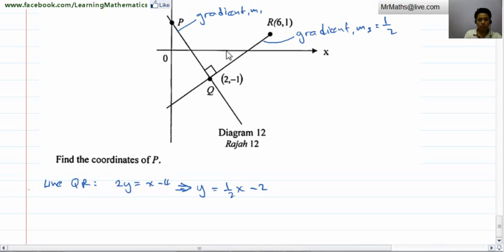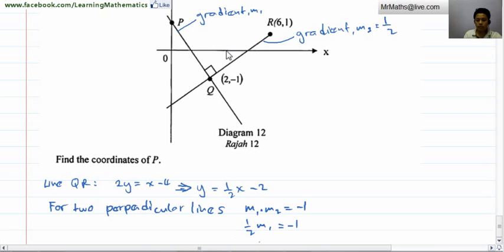For two perpendicular lines, the product of the two gradients is -1. So in this case, M1 multiplied by M2 is equal to -1, and M2 is 1/2. So 1/2 M1 is equal to -1. Then M1 is thus -2.